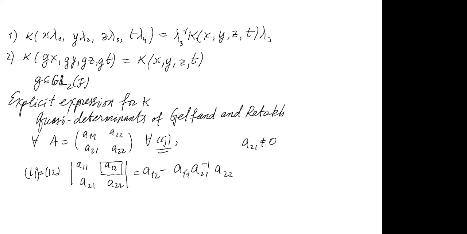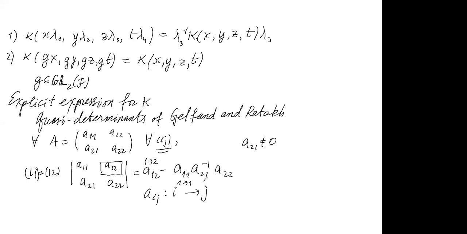And it is easy to remember the rule for the order of elements here. You can imagine that Aij is a map from i into j. Then we have a map from 1 into 2 here, from 1 into 1 here.